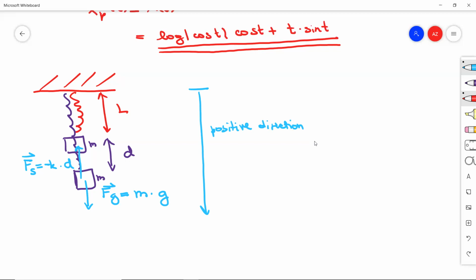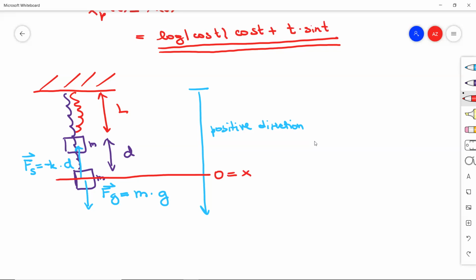Now let's say that this is our equilibrium position, that the origin is here. So this is our origin, x equals 0, and we are measuring the displacement of this mass from this origin.